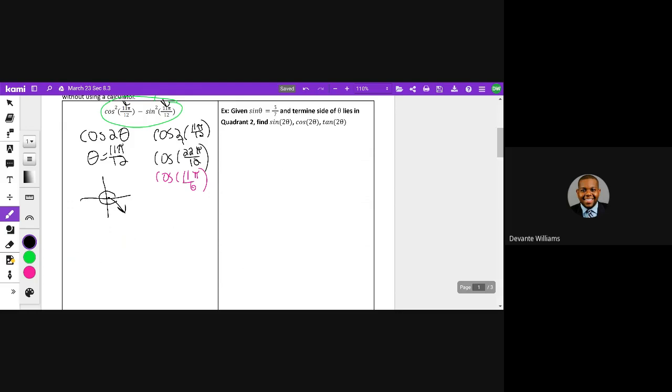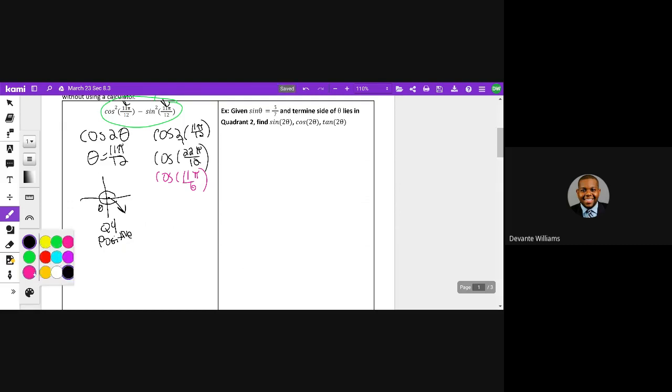In quadrant 4, is cosine positive or negative? You're right, cosine is positive.